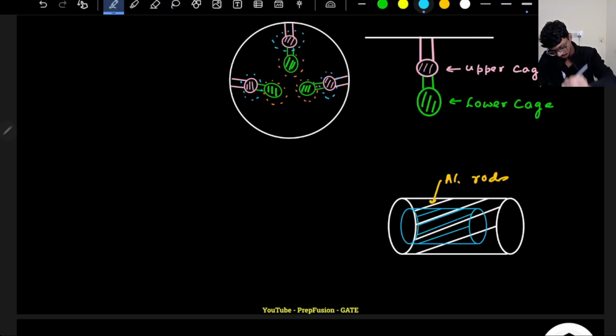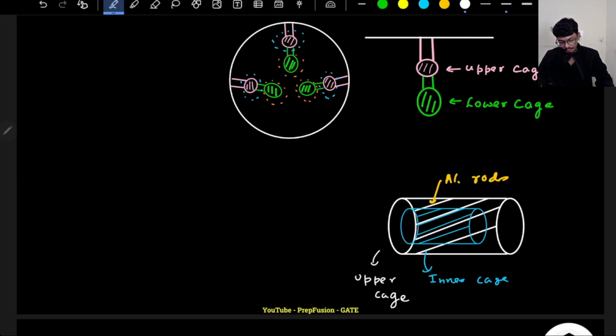So if I have cage 1, like this is the inside cage, that is known as the lower cage or the inner cage. And this will be called the upper cage.